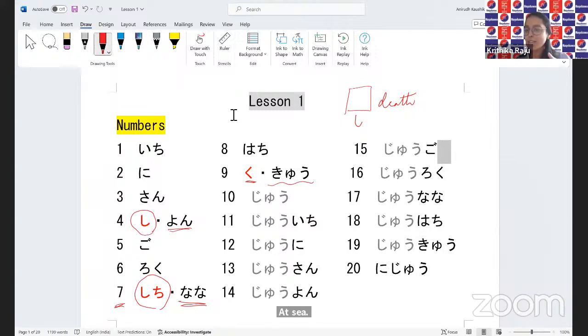Roku. Not Roko. It's Roku. Now 1 to 6. What is 1? Ichi. Ni. San. Yon. Go. Roku.